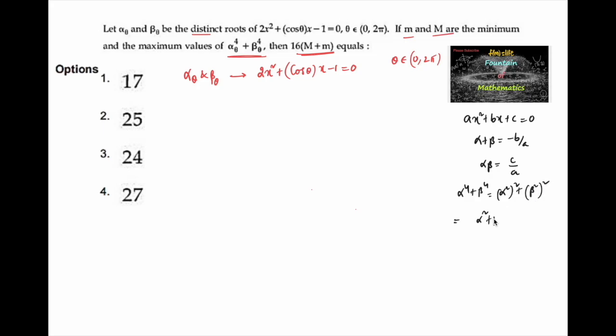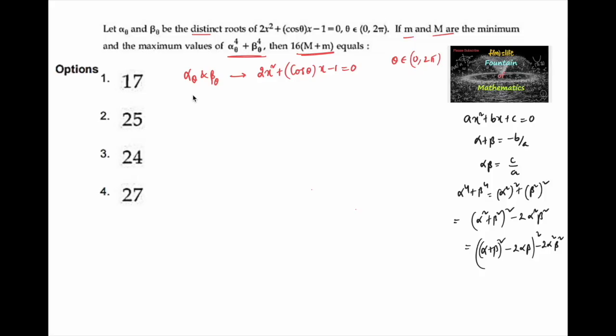A square plus b square we can write as (a plus b) whole square minus 2 times alpha square beta square. So alpha square plus beta square we can write as (alpha plus beta) whole square minus 2 alpha beta, the whole square minus 2 times alpha square beta square.